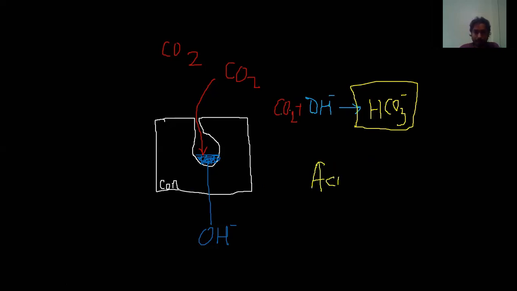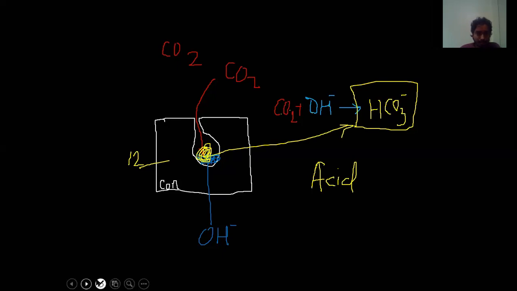As we already know, initially the pH of concrete is 12. Because of this reaction, this carbonic acid will form, and because of this acid, corrosion takes place.